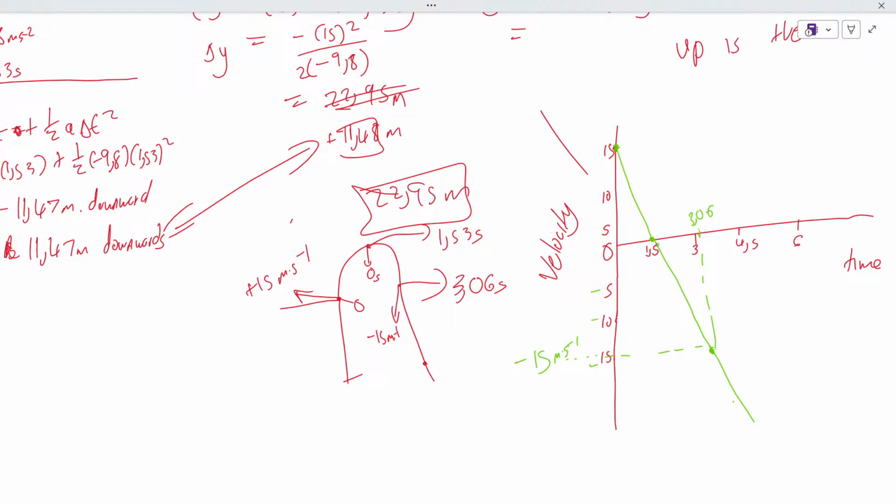The other thing they said we must show is the initial velocity, 15 meters per second. This is the 0. This is the time they said you must show, 1,53 seconds. So that's how you draw the graph.